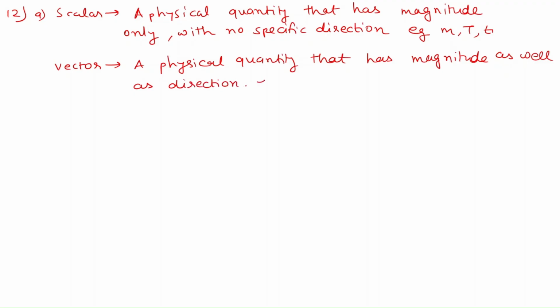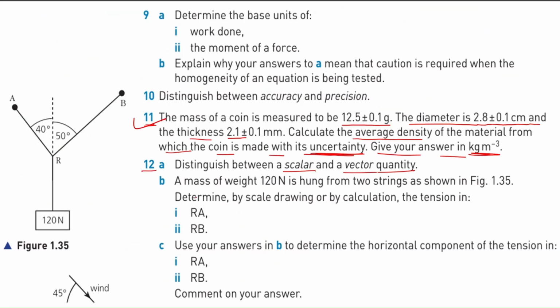Okay. Now, examples are velocity, acceleration, etc. Now, this is the definition of scalar quantity and vector quantity, which we discussed in a previous video.